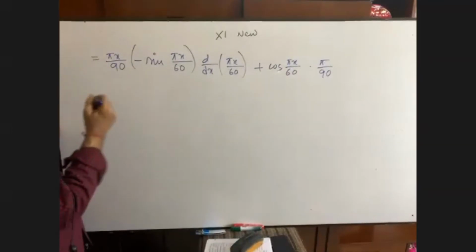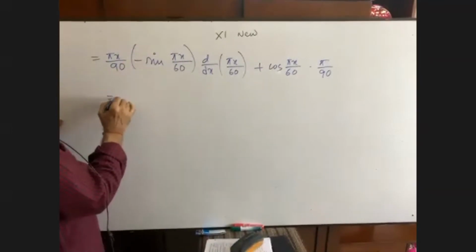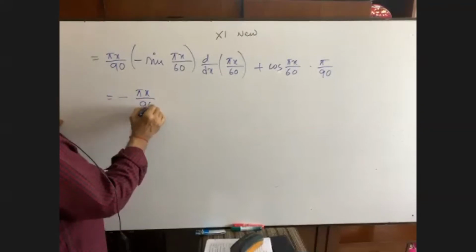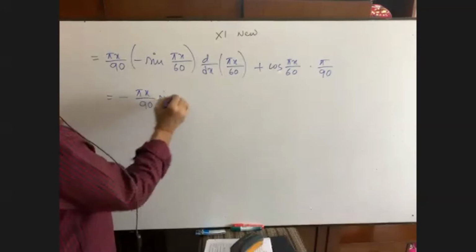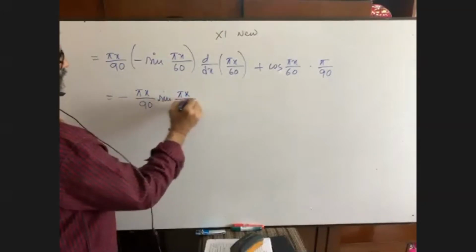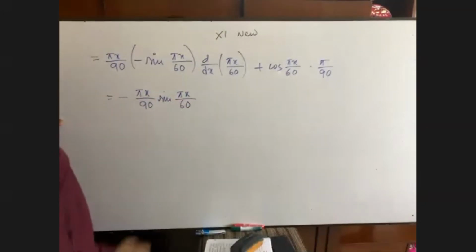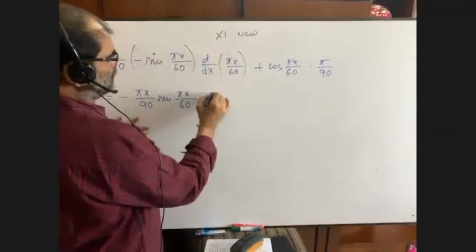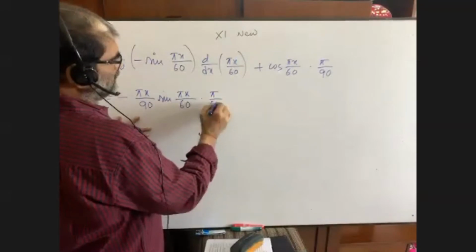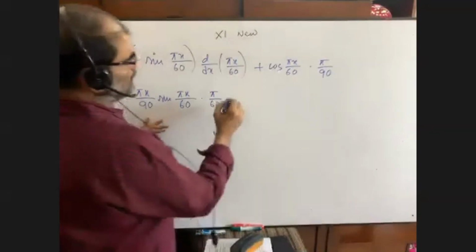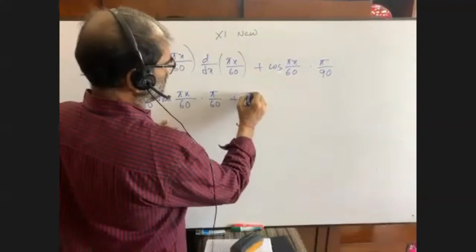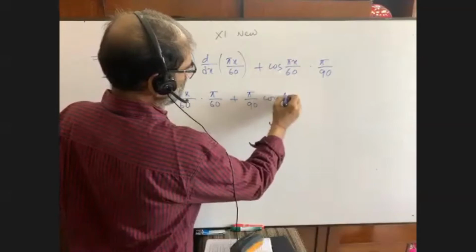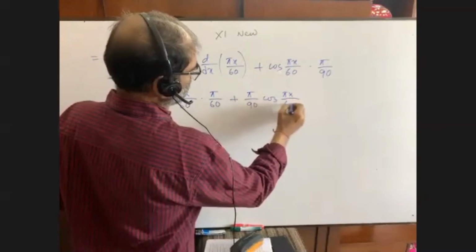Now you see it is minus, so minus pi x by 90 sine pi x by 60 d by dx of pi x by 60. So x is 1, so only pi by 60. Here pi by 90 cosine pi x by 60.